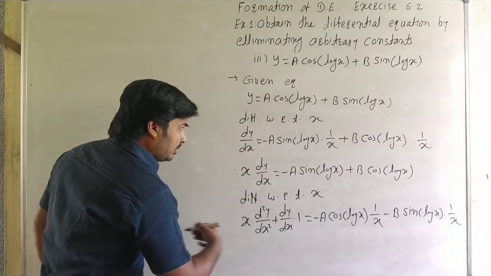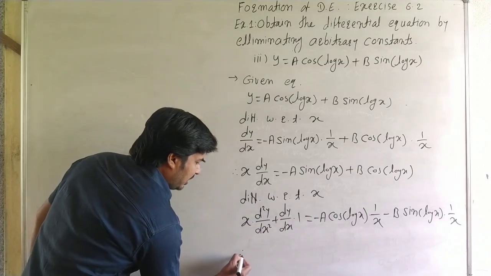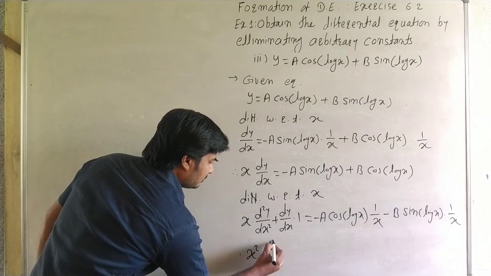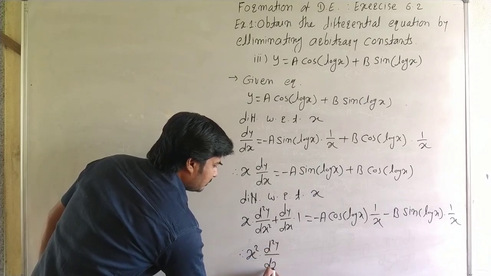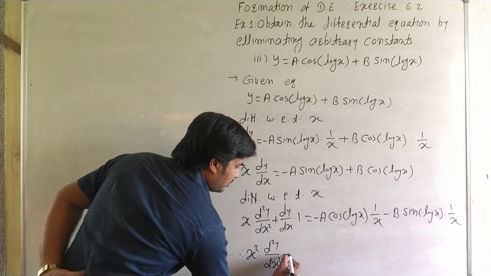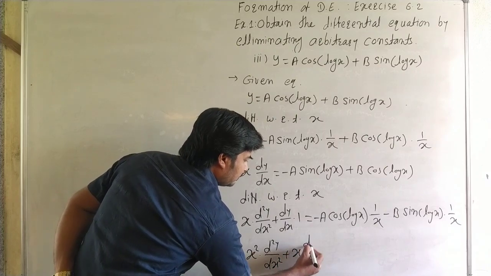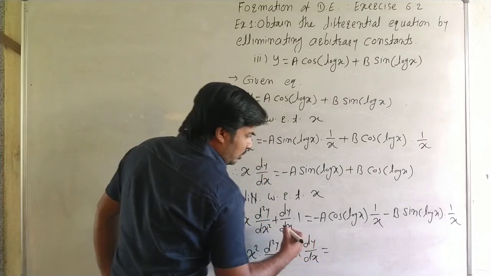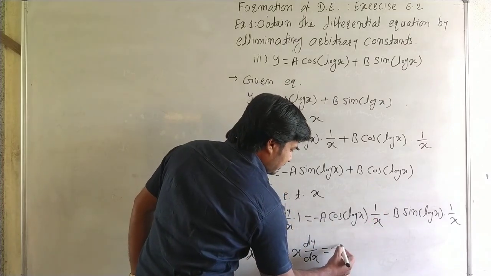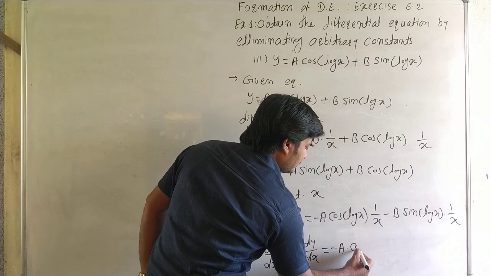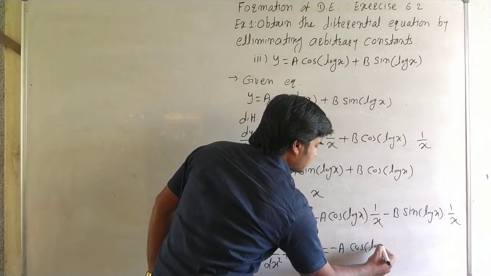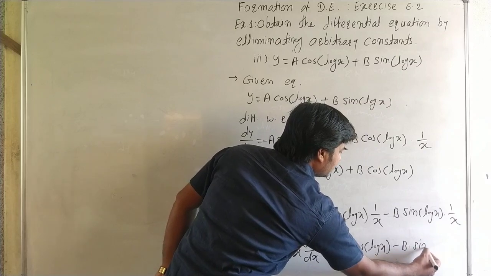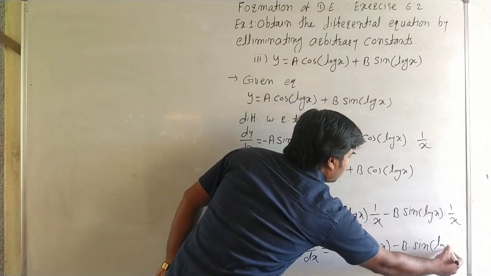Multiplying throughout by x, we get x square d2y by dx2 plus x into dy by dx is equal to, when we multiply by x, this x gets cancelled, minus a into cos of log x minus b into sin of log x.